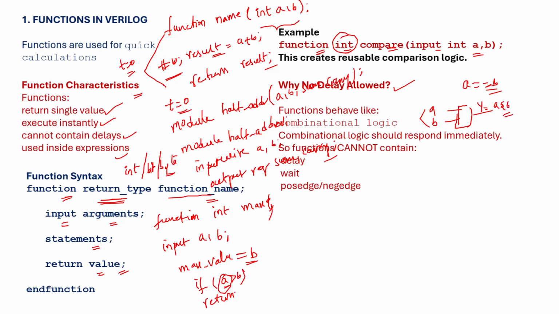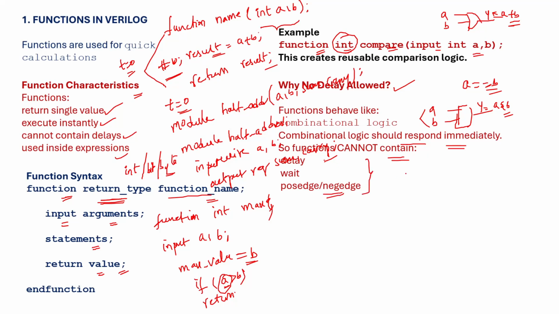Or for an OR gate, I give the inputs A and B and I get the output immediately, y equal to A plus B, without any delay. This combinational logic should respond immediately. That is the reason functions cannot contain any delays, wait statements, or posedge or negedge clocks.